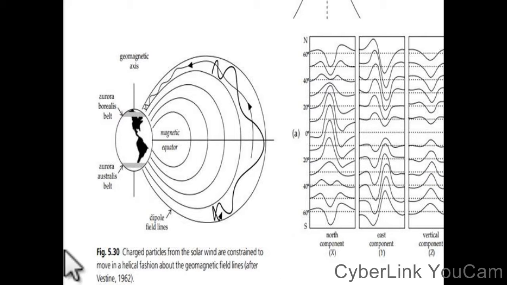Next we discuss charged particles from the solar wind, which are constrained to move in a helical fashion about the geomagnetic field lines, after Van Allen 1962. Magnetic equator.